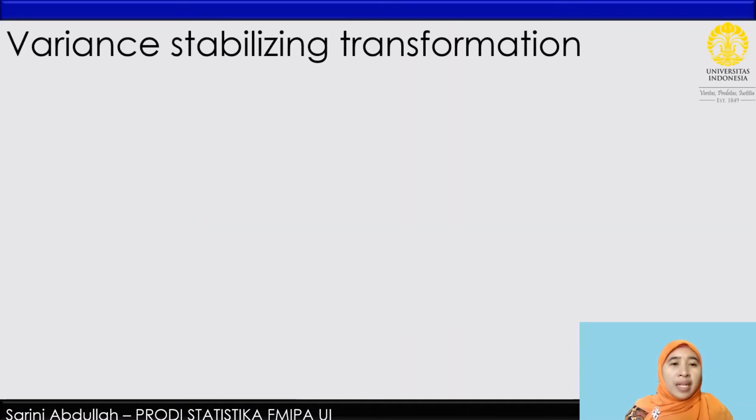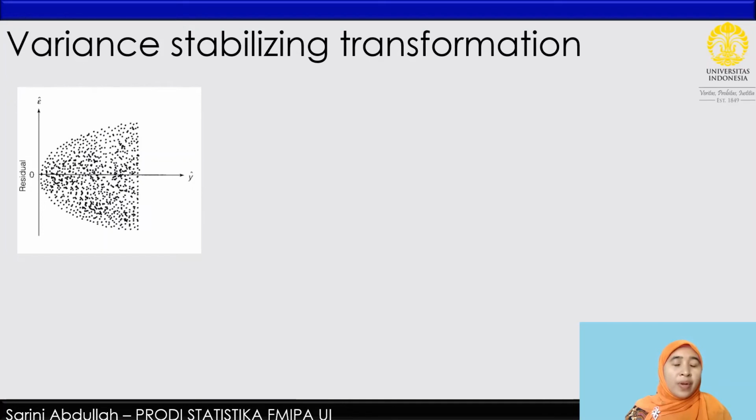So the one that I've explained before, if we have that kind of pattern, then we need to do some kind of transformation to make the variance constant, not having a pattern. And that's called the variance stabilizing transformation.